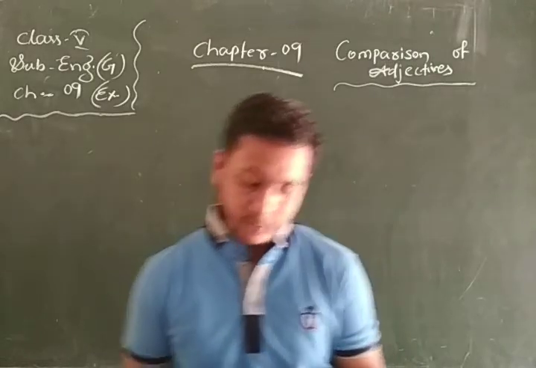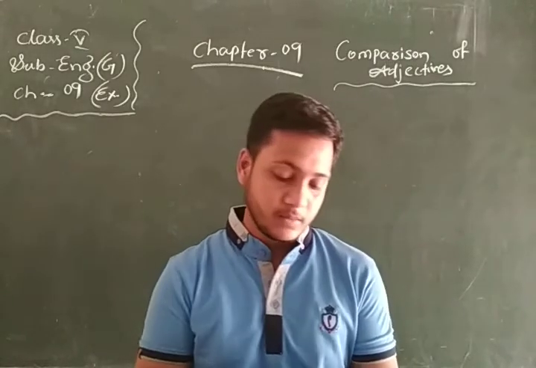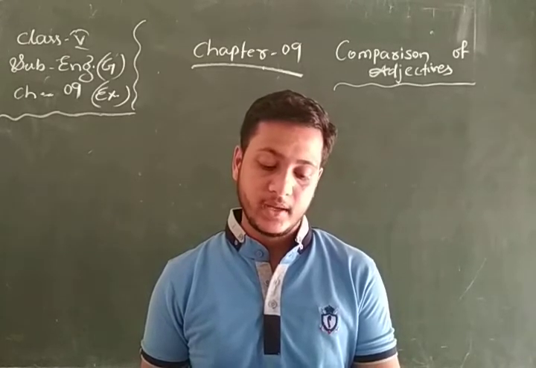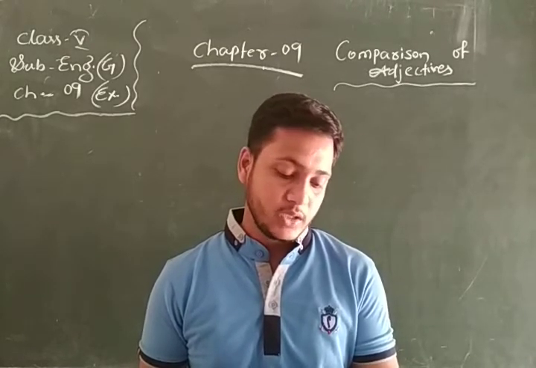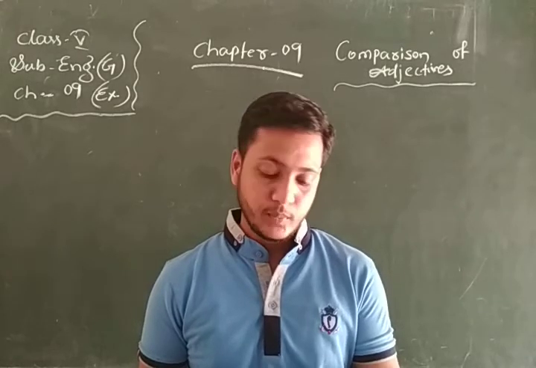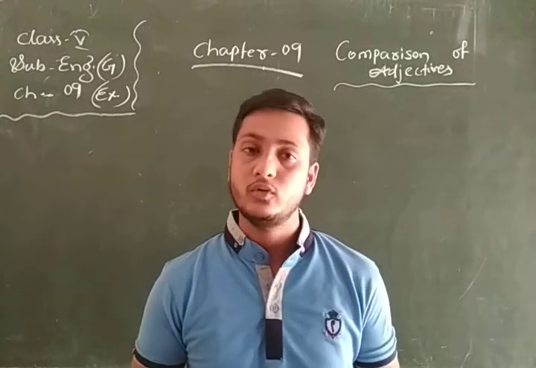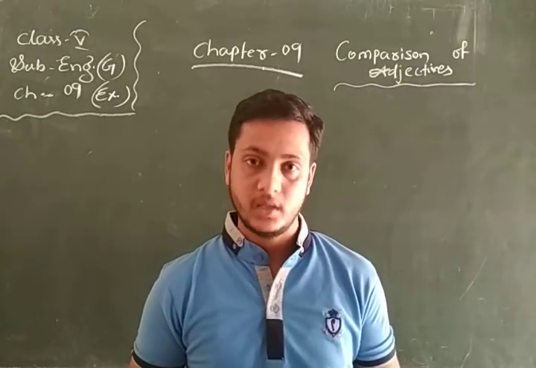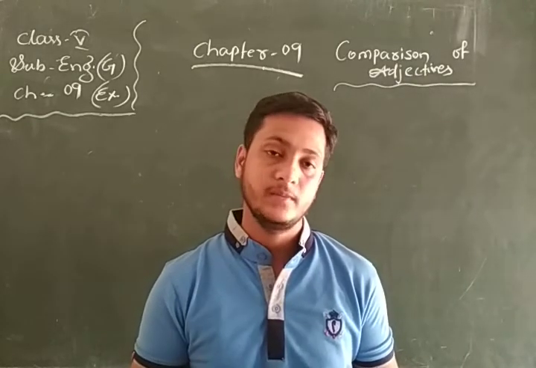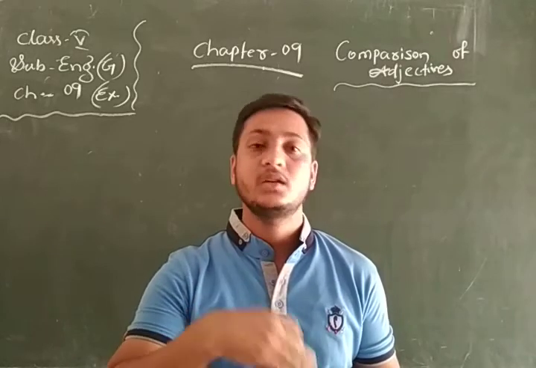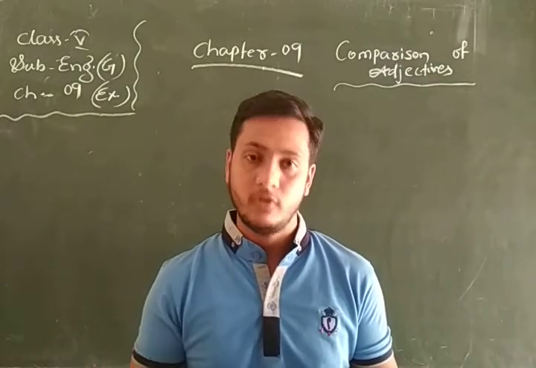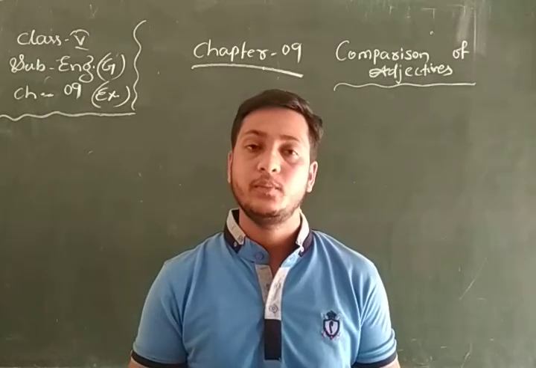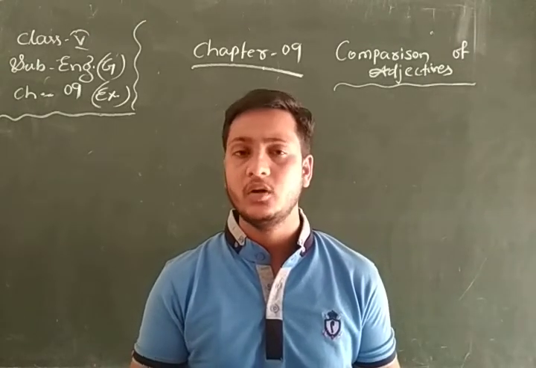Then come to page number 59, that is the learning section. Read these sentences and underline the modifier and state whether it is positive, comparative or superlative. What we have to do here is underline the modifier, that is, one form is modified into another form. Also we have to state whether it is positive, comparative or superlative.